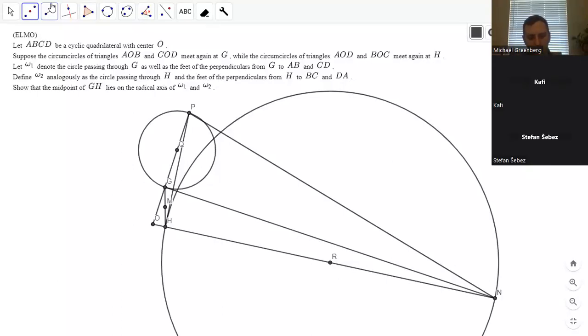Then M is just the orthocenter of OQR. Oh. And so, yeah, that solves it. Yeah, that's probably the most elegant way. I think so. Yeah. Nice.